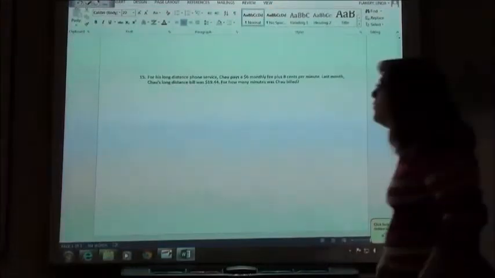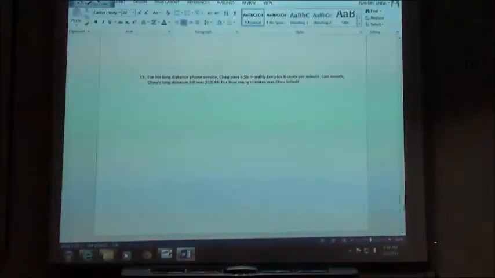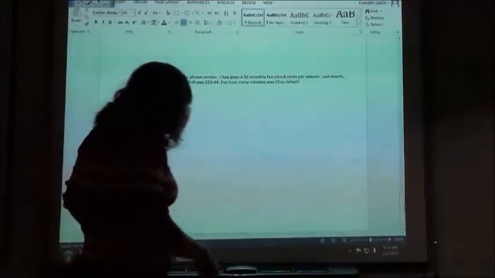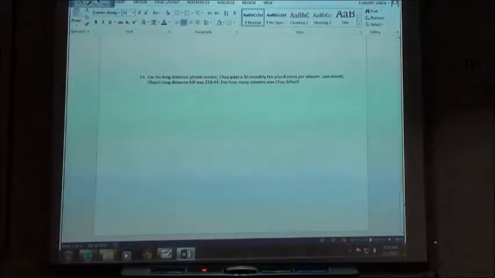And the last one, for his long-distance phone service, Chow pays a $6 monthly fee plus 8 cents per minute. Last month, Chow's long-distance bill was $19.44. For how many minutes was Chow billed? So think about what you want to write down for your equation.